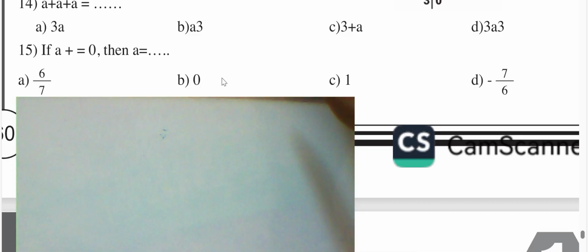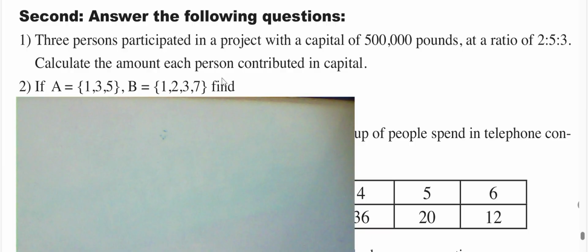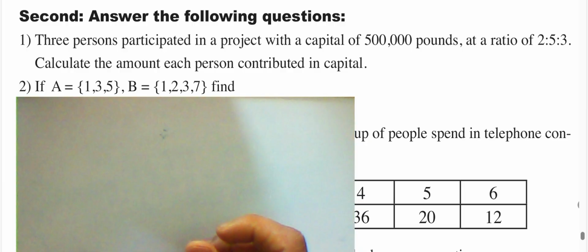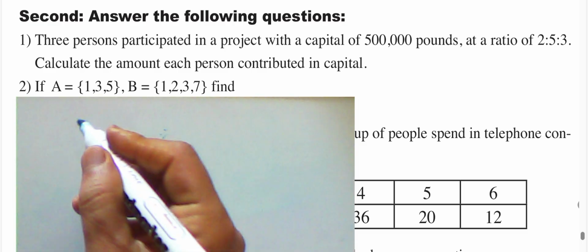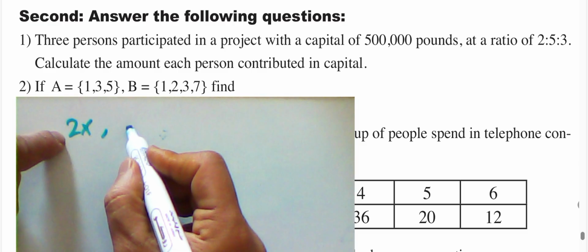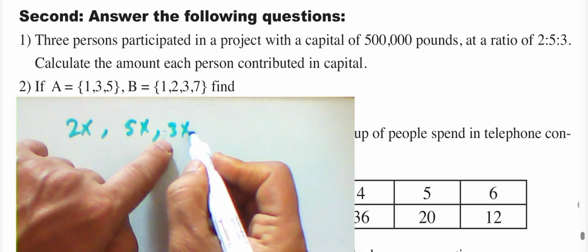Now we will go to the next question. Three persons participated in a project with a capital of 500,000 pounds in the ratio 2 to 5 to 3. Calculate the amount each person contributed in capital. We have the ratio of the first, second and third. The first will be 2x, the second 5x and the third 3x.